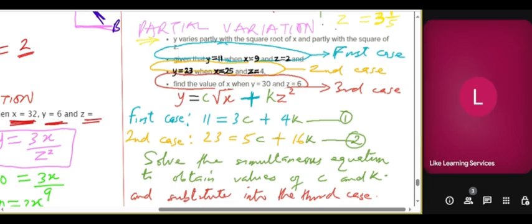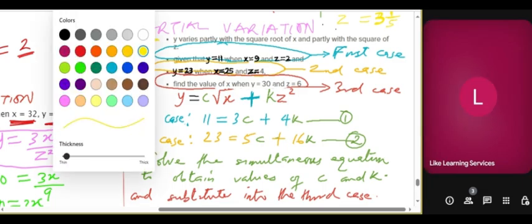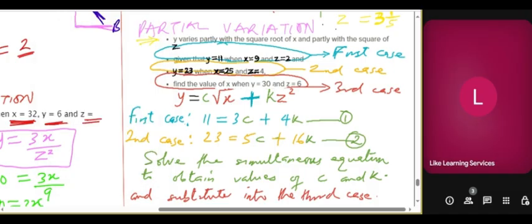Given that y varies partly with the square root of x and partly with the square of z, given that y equals 11 when x equals 9 and z equals 2, and y equals 23 when x equals 25 and z equals 4, find the value of x when y is 30 and z is 6.